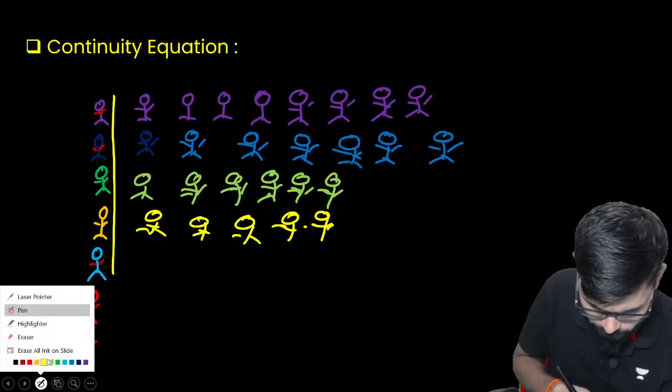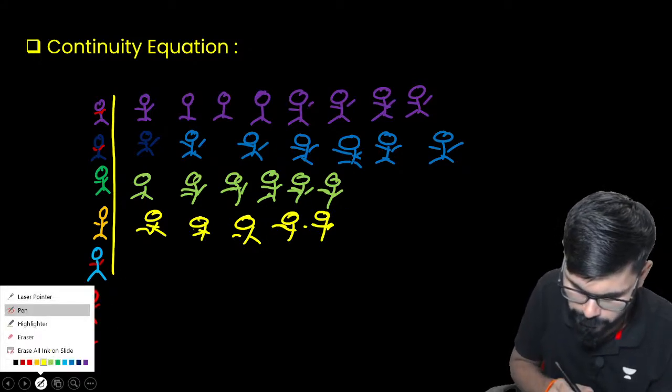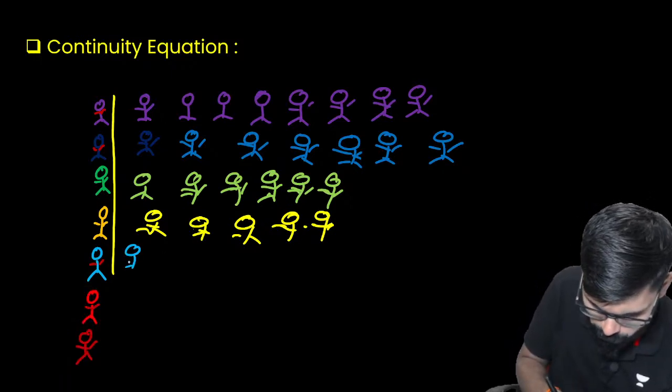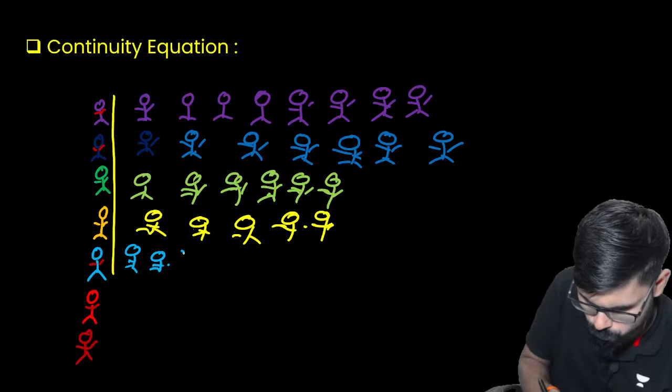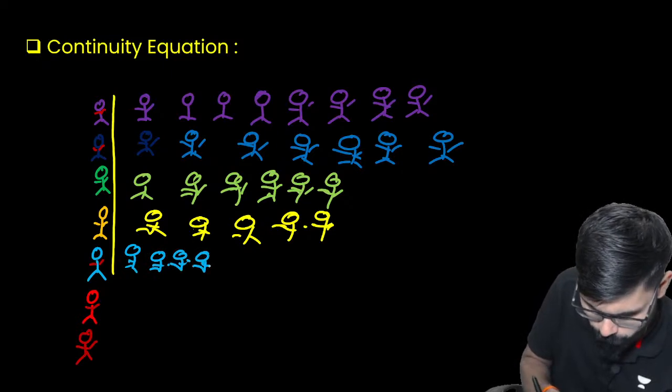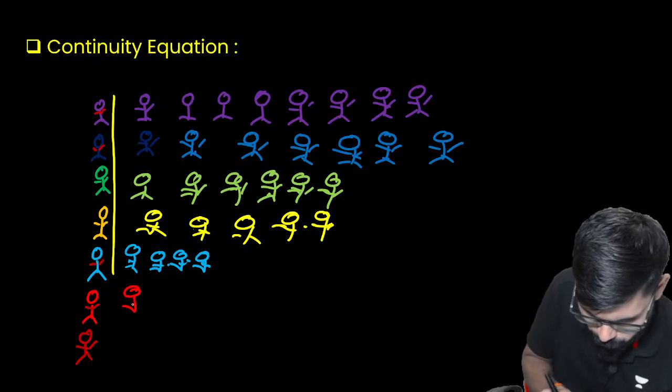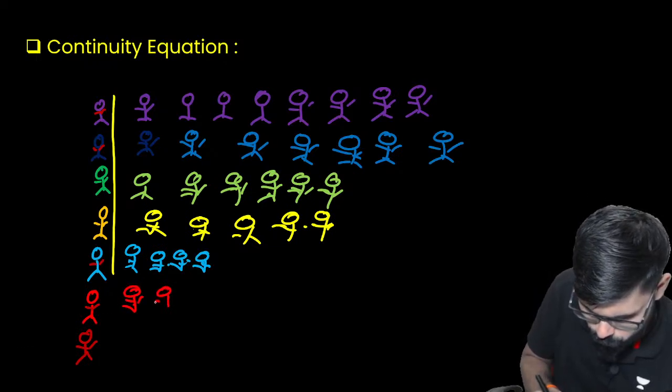Then he will reach 5. Okay 5. Then 4. 1, 2, 3, 4. 1, 2.